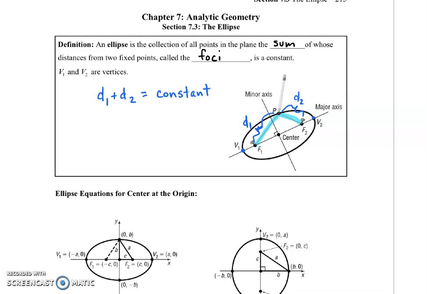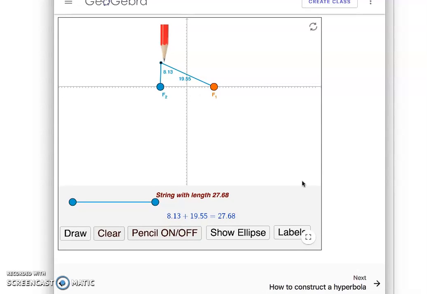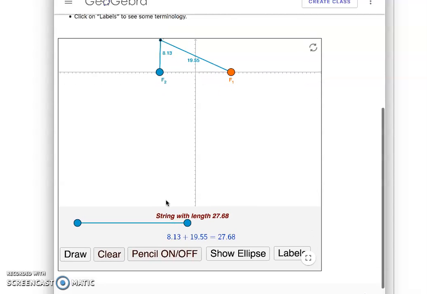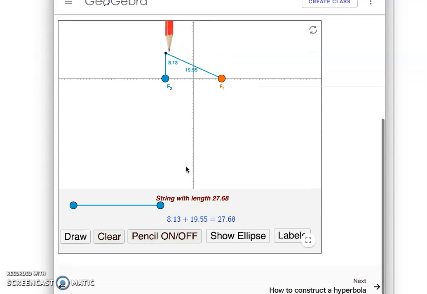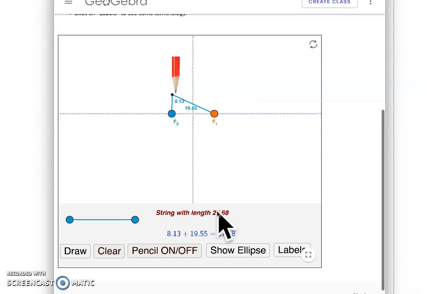Now I have a simulation online that will show us the same thing, so hopefully it will give you a better idea of what happens. And here is what it does. You can see we've got our two foci here, and I can change the length of our string. Right now, my string is 27.68, but my foci are not that far apart.